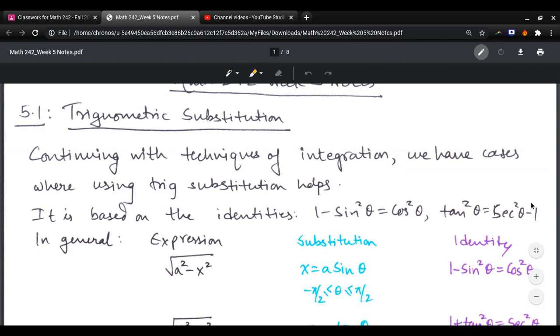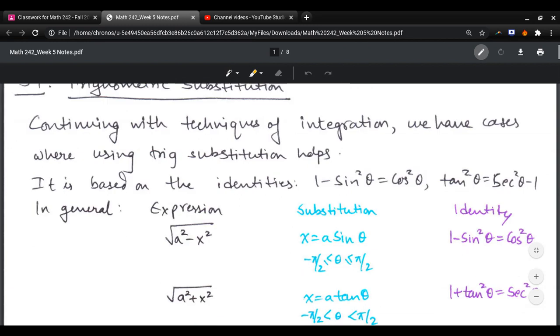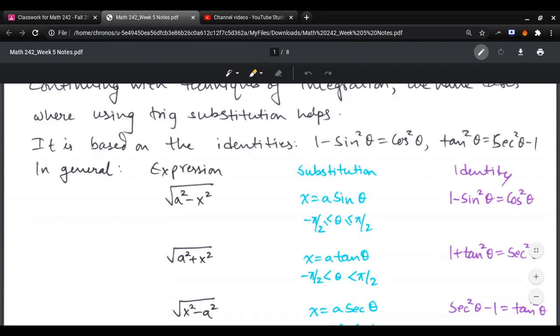So this gives us a certain strategy for solving integrals. For example, if the expression is a squared minus x squared in the square root, the substitution x equals a sine theta would help us solve, because I would end up with a squared.